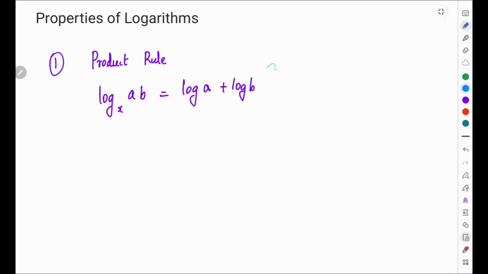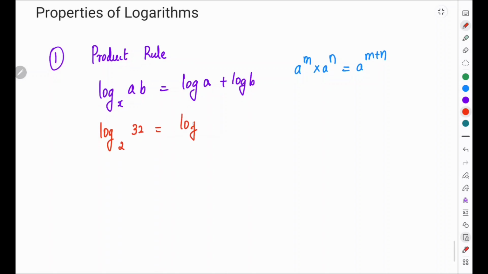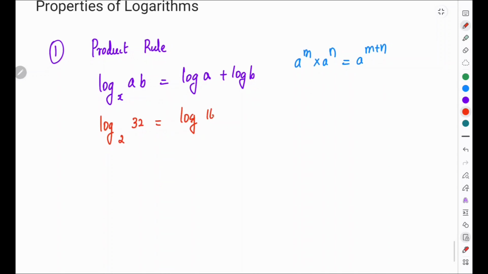It is similar to your exponents property: a power m into a power n is nothing but a power m plus n. It is a similar one. So if I try to write log 32 to the base 2, I can write this as log 16 to the base 2 plus log 2 to the base 2.